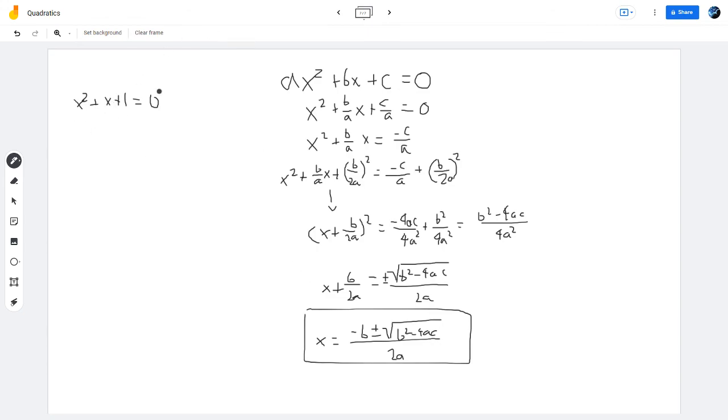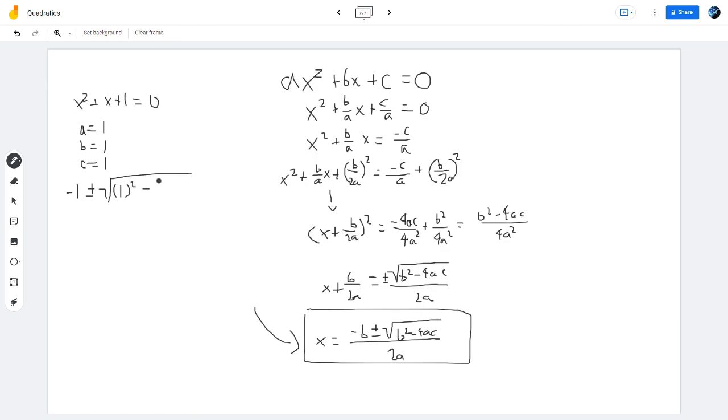So we want to first identify what a is. So a equals 1. We want to know what b is. b is equal to 1. c equals 1. Okay, surprisingly convenient. So we know that x is equal to negative b plus or minus square root of b squared minus 4ac. So we can plug in everything. We have negative 1 plus or minus the square root of b squared, so that's just equal to 1, right?